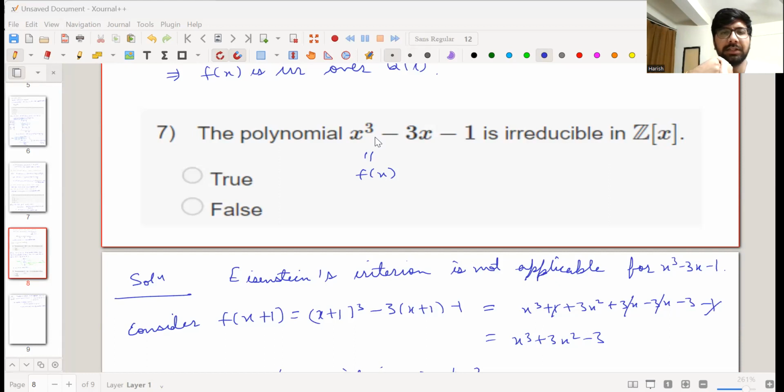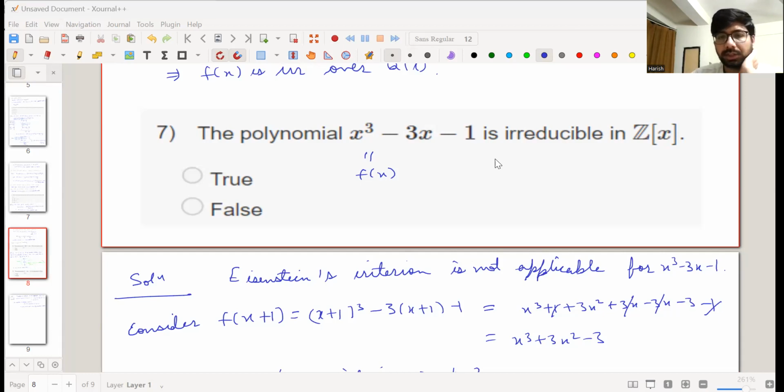If x equal to 1, then this is 1 minus 3 minus 1, which is minus 3, that is 1. If x equal to 2, then this is 8 minus 6 minus 1, which is 1. And x equal to minus 1 gives minus 1 plus 1 minus 1, again 1. Yes, you are right.